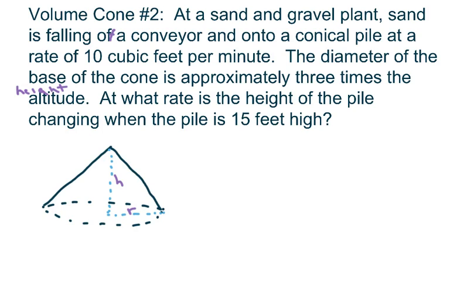So, first of all, the volume of a cone is 1/3 pi r squared h. Now, our altitude is the diameter of the base. So the diameter is 2 times the radius.